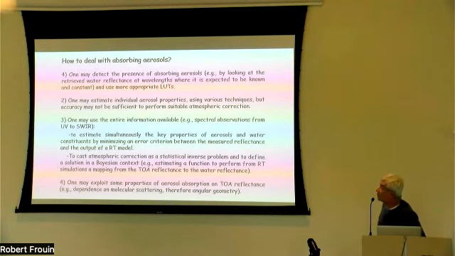Okay, now how to deal with absorbing aerosols. So one may try to detect their presence in some way, for example, by looking at some wavelengths where the water reflectance is known.